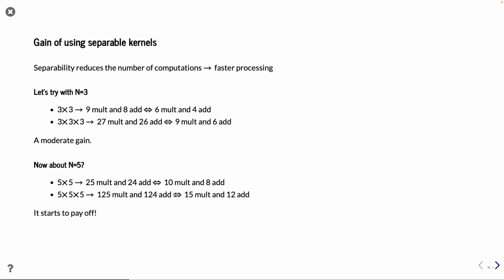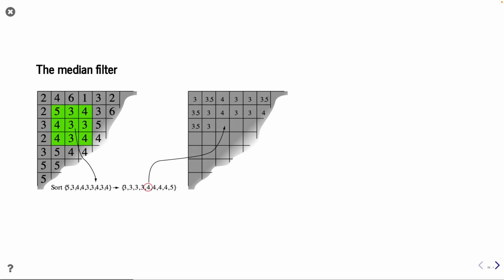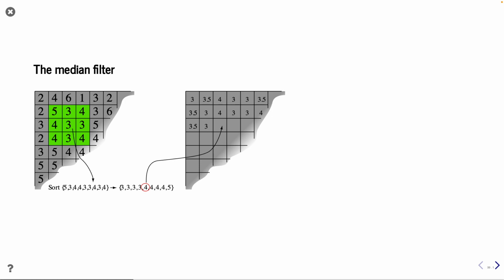And if you have a 3-dimensional kernel, the 27 multiplications go down to 9 multiplications, and that is in principle a gain. But not so much, actually. If you go to 5, in particular in the 3-dimensional 5 kernel, then you get down from 125 multiplications to 15 multiplications, and then it starts paying off doing it this way.